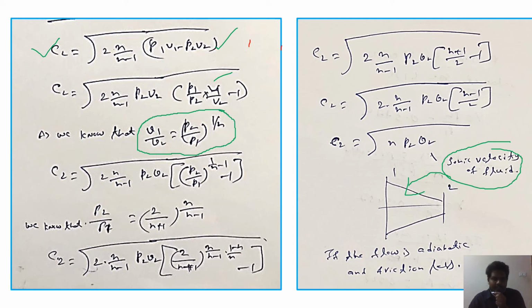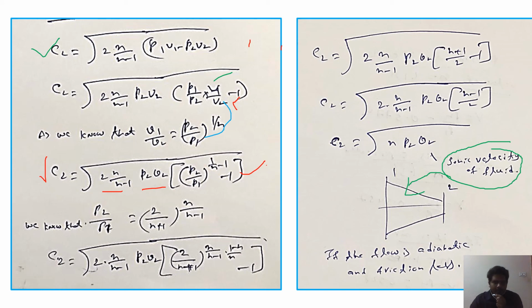Now if you substitute this term in the above equation, the equation is C2 equals square root of 2n by n minus 1 P2 V2 into ((P2 by P1) whole power 1 by n minus 1). So this is the equation after substituting this term.